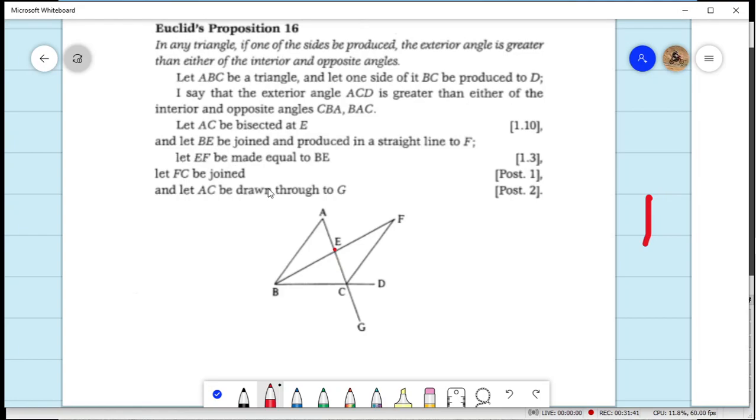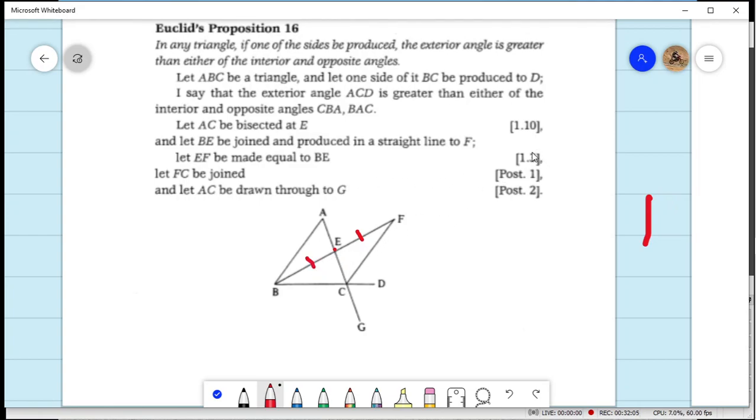Let BE be joined and produced in a straight line to F here. Let this be extended so that it ends at F, wherein EF is made equal to BE. So this line segment is made equal to this line segment.